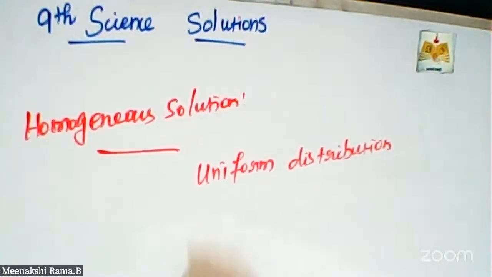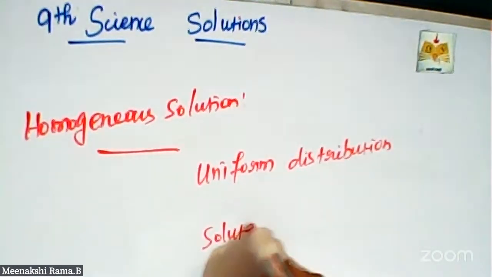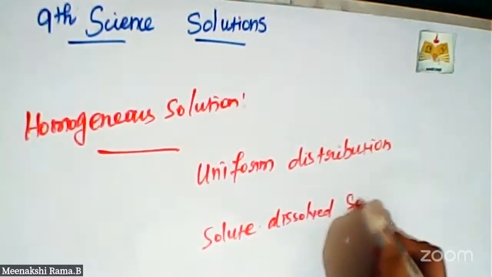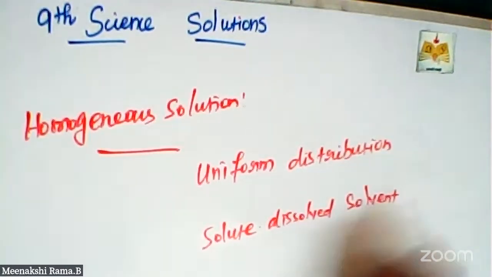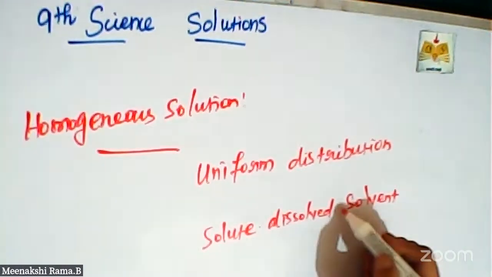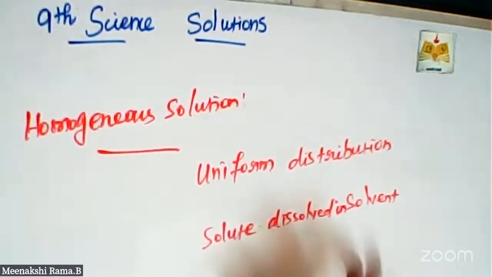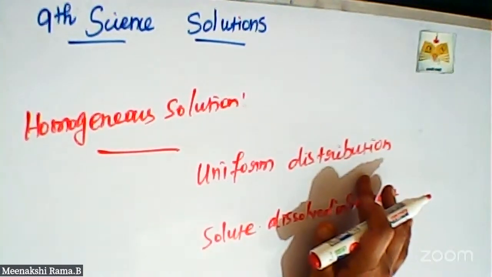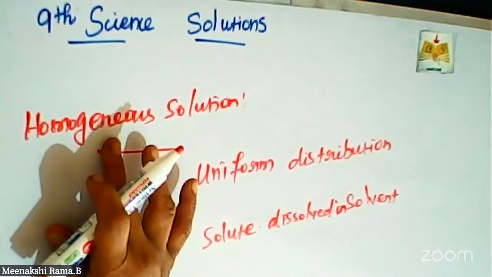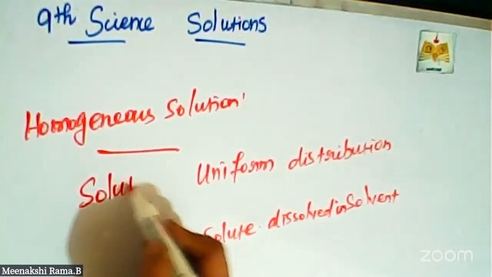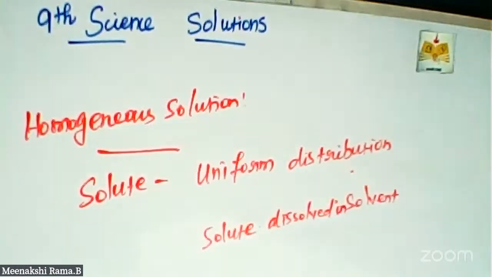Uniform distribution is called a homogeneous solution. Actually, the solute is dissolved in the solvent. So this is the preparation of a solution. When the solute has uniform distribution, that solution is called a homogeneous solution. How is the solute distributed? It is in uniform distribution.